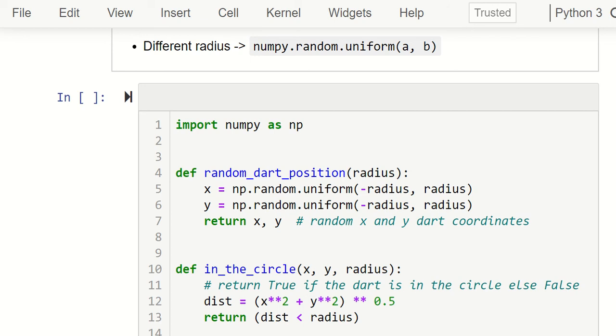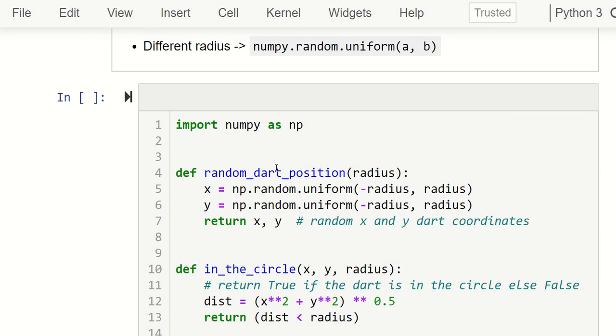He called that function in underscore the underscore circle. He's going to call this function every time he throws a dart. So the function random dart position is executed once for every dart throw, and the in the circle function is also executed.